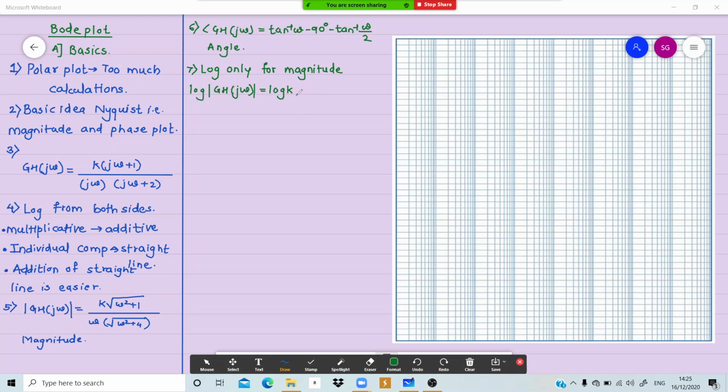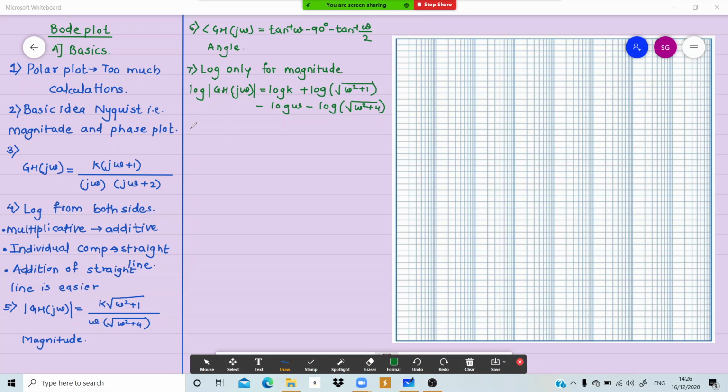Now multiplication, so it will be plus log of under root omega square plus 1, minus log of omega, minus log of under root omega square plus 4. Okay, fine. So we have done it for the magnitude part.